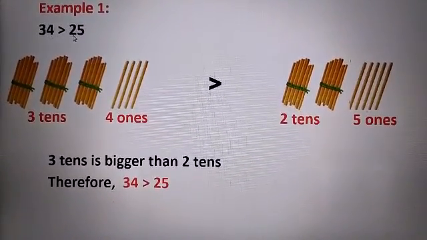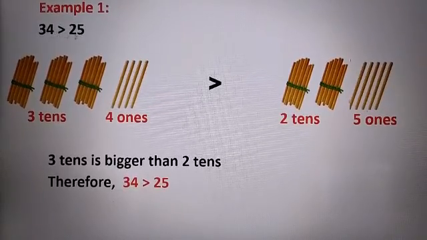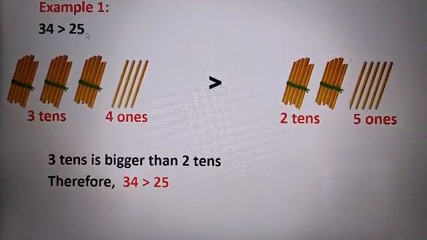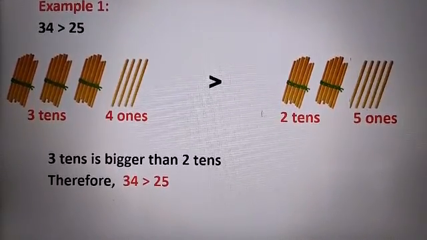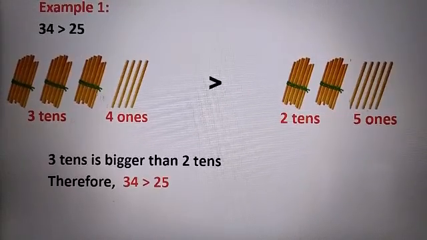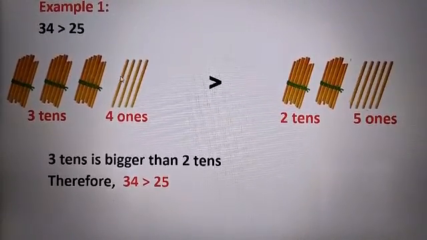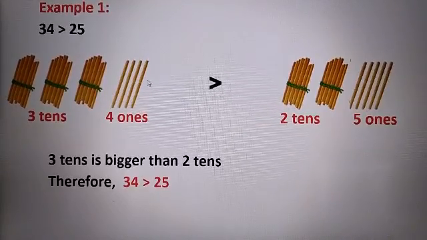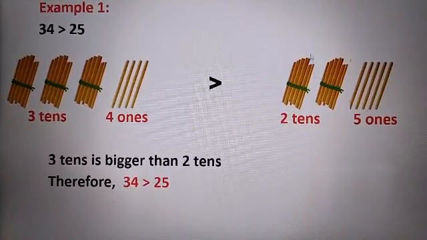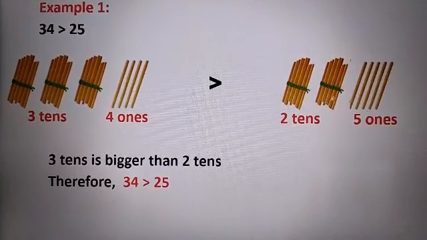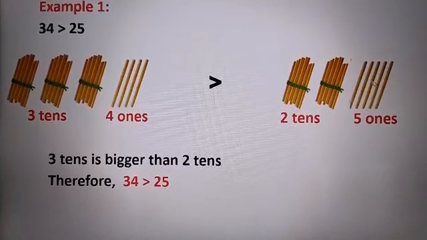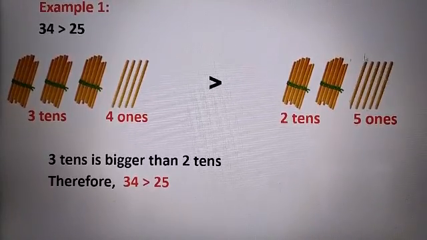Now let us see another example based on the same. 34 and 25. These both are 2-digit numbers? Yes. Now how will we find which number is greater? Let us see how. 1, 2, 3. 3 tens and 1, 2, 3, 4, 4 ones. Whereas here we have 2 tens and 1, 2, 3, 4, 5 ones.